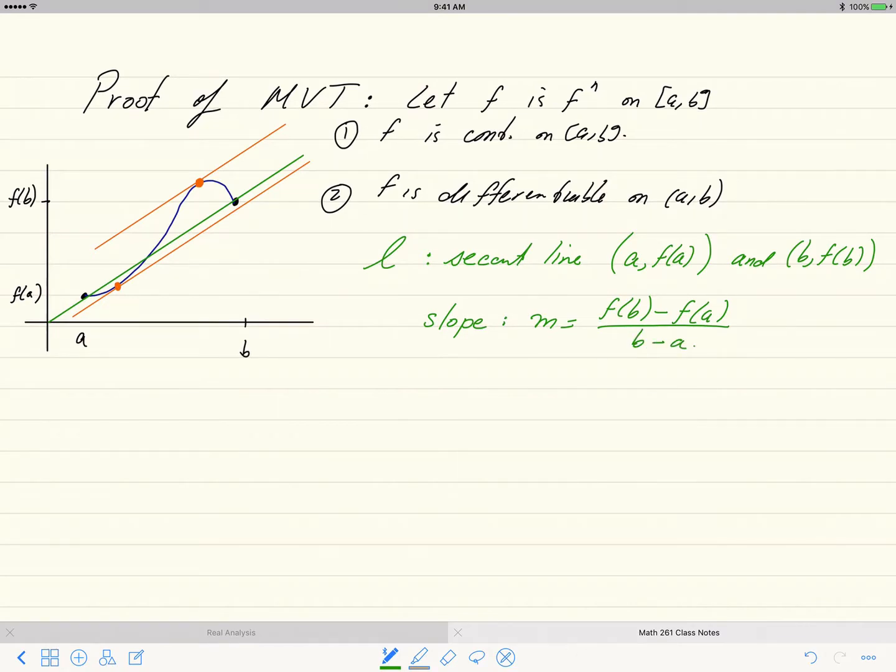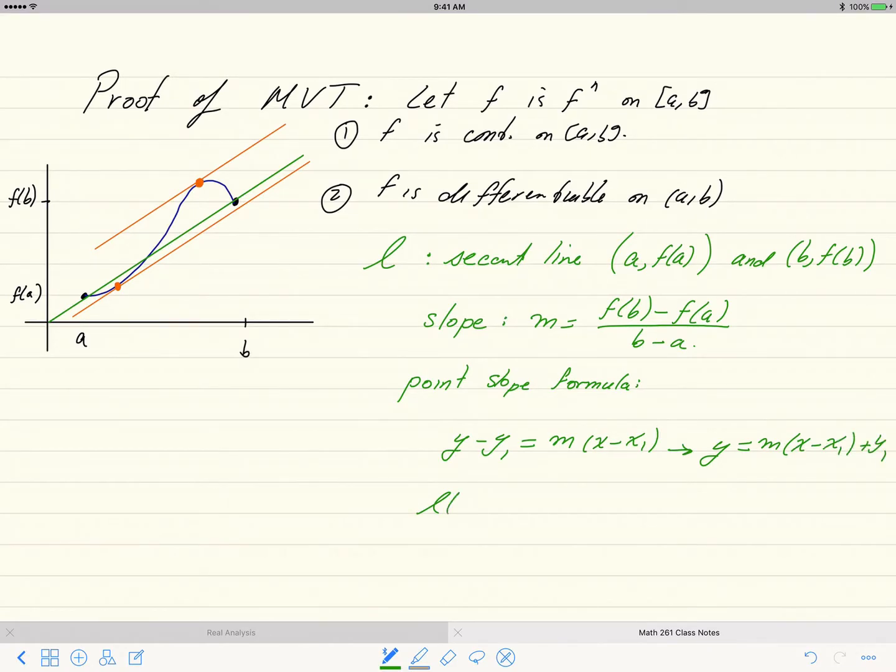So that's the slope. And then the point slope formula gives us y minus y1 equals the slope times x minus x1. So we're calling this function L, and by the way, y can be written as m times x minus x1 plus y1.